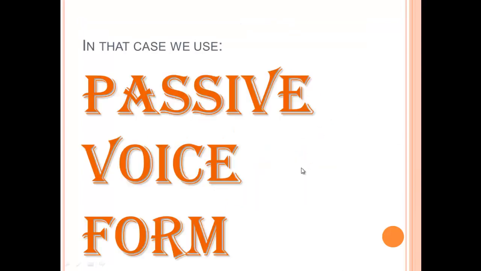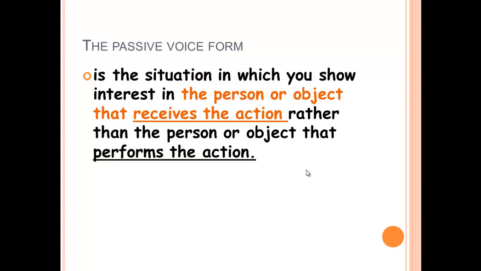In these cases we use a form that is called passive voice form. In this form we start our sentences with the object instead of the subject, and leave the subject at the end of the sentence.